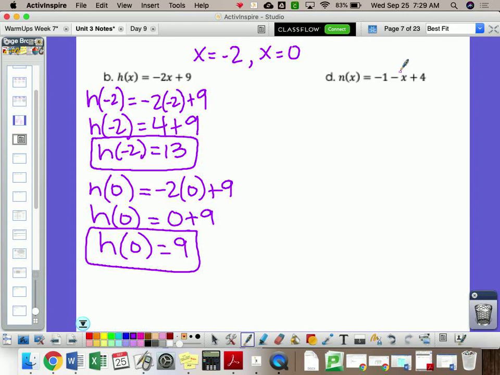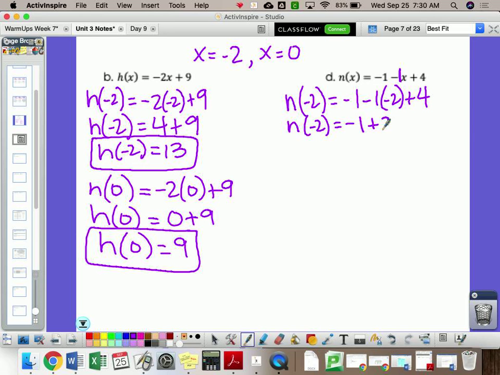I have a negative 1x. So I'm going to put that 1 in there so I don't confuse my negatives. Okay, so I'm going to start off by plugging in that negative 2. So anywhere I see an x, I'm putting a negative 2. So I always like to start with that multiplication because order of operations. So I have negative 1 times a negative 2.